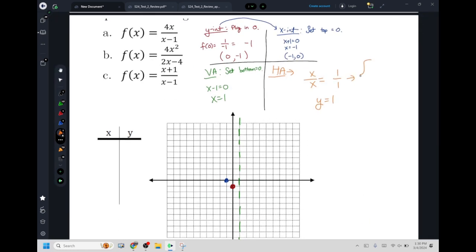Remember, there were 3 types. Top degree bigger, goes up forever. Same degree, it's A over B. Bottom degree bigger, it's y equals 0.